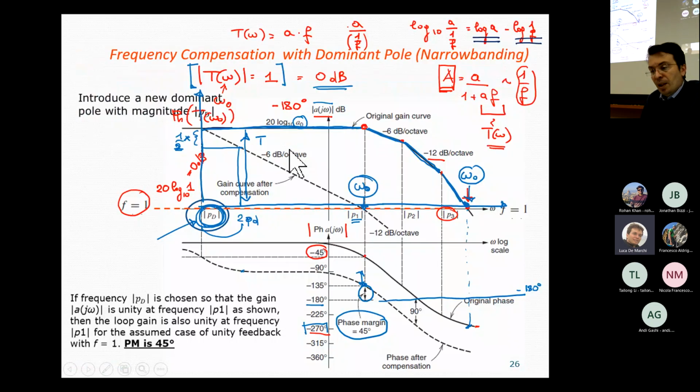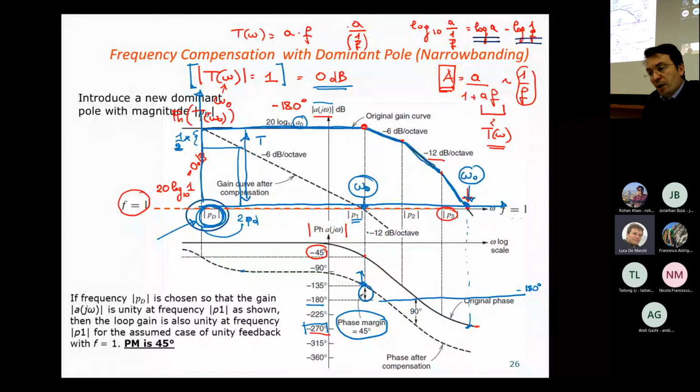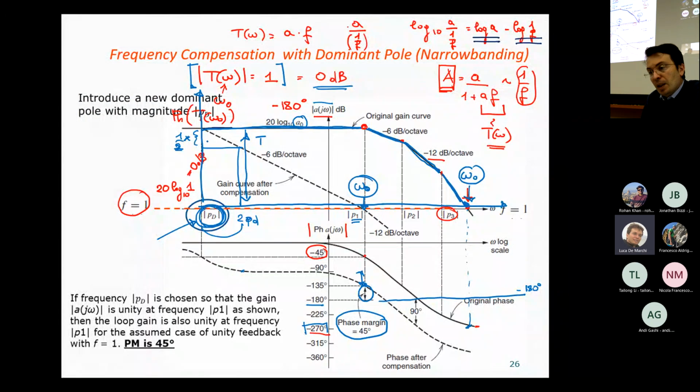So along this curve here, the product between the gain A of j omega and the frequency is constant, because any increase of the frequency is compensated by a decrease of the amplitude.